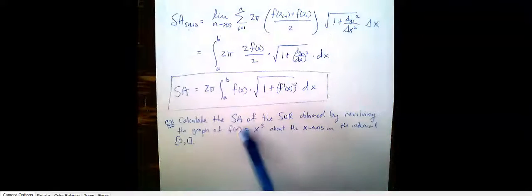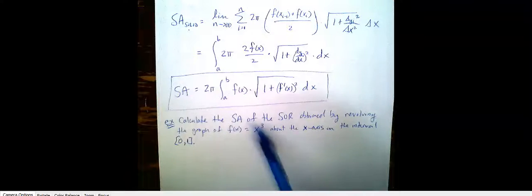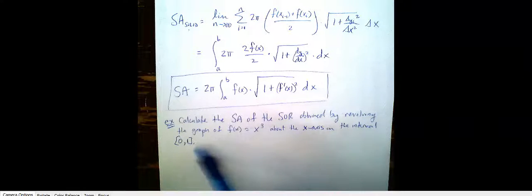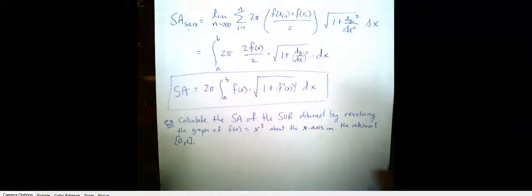So again, calculate the surface area of the portion of the graph of x to the third from 0 to 1 about the x-axis, that is. Okay.